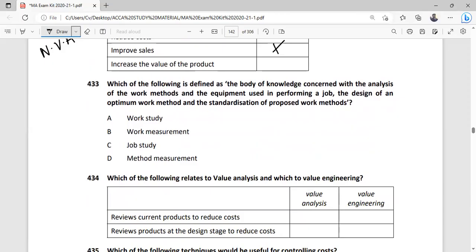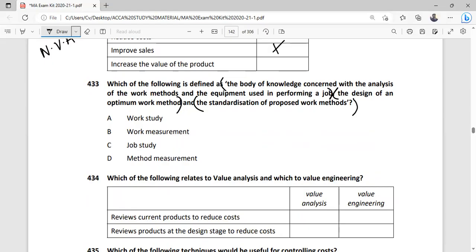Then we have: which of the following is defined as the body of knowledge concerned with the analysis of work method and the equipment used in performing a job, the design of an optimum work method, and the standardization of proposed work method?